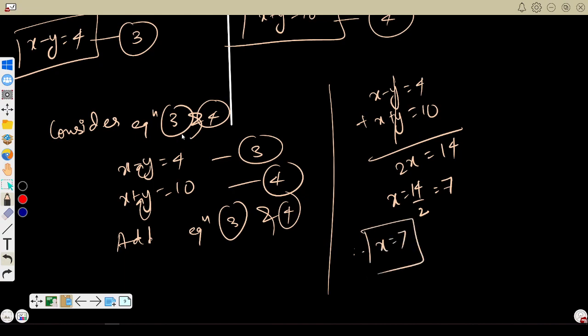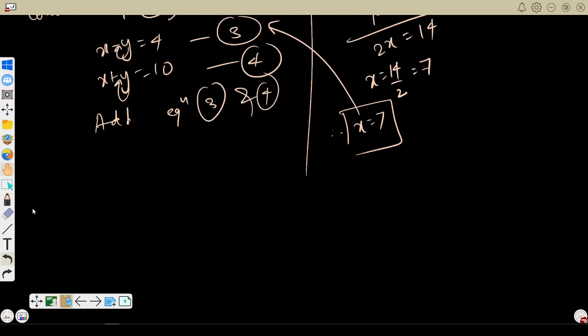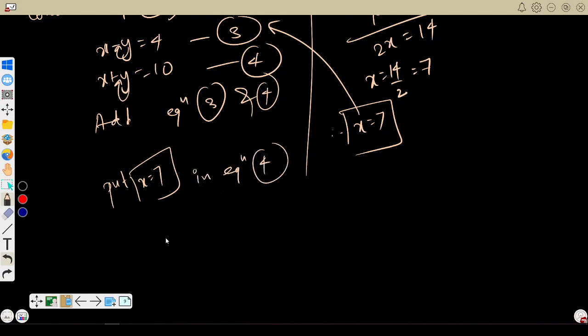Now if you know the value of any one of the variables, it is very easy to find the second variable. I will put x is equal to 7 in any one of these equations. So now we'll consider equation number 4. I'll write a statement. Put x is equal to 7 in equation number 4. Equation number 4 is x plus y is equal to 10.